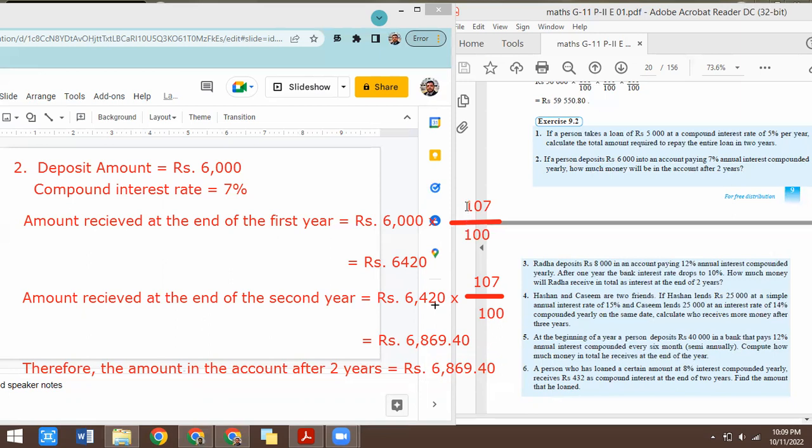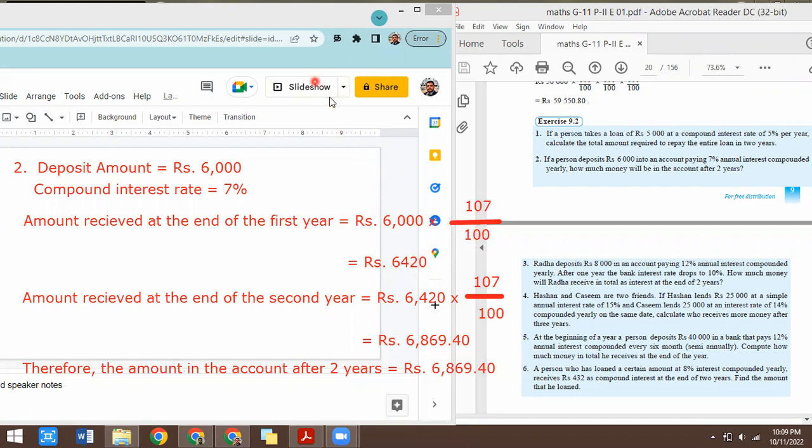So the deposit amount is 6,000 rupees with a compound interest rate 7%. The amount received at the end of the first year is 6,000 times 107 divided by 100. That is 6,420. So now this interest is calculated as a whole. So it gives you the balance at the end of the first year.